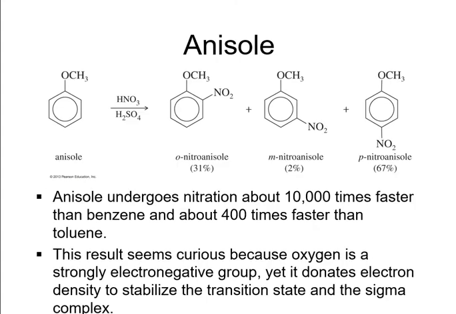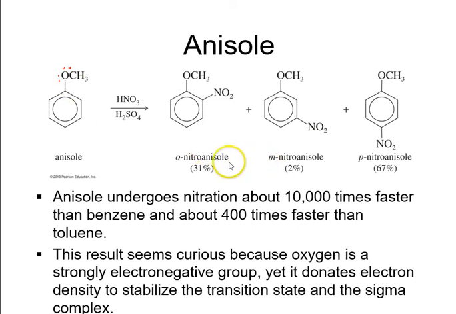Now, what happens if you have an oxygen here instead of a carbon? Remember, there are lone pairs on this oxygen. This is also an activating group. In fact, it's 10,000 times more activating than benzene, 400 times more activating than toluene. So obviously these lone pairs are activating it, and you'll notice the same exact thing.